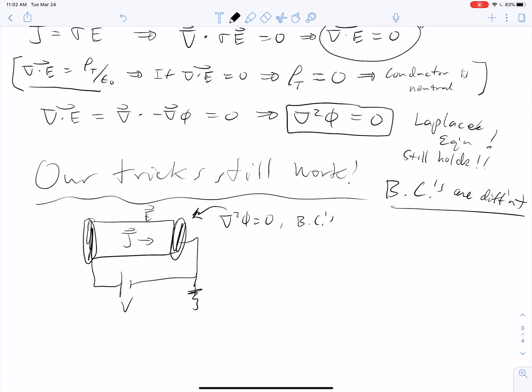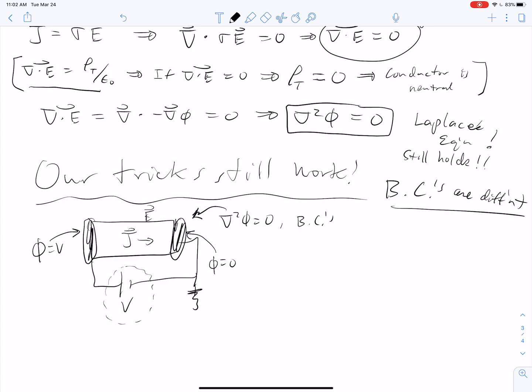Because on this boundary, phi equals 0, but on this side, I have phi equals V, the potential supplied by the battery. So I just want to point out that Laplace's equation still works.